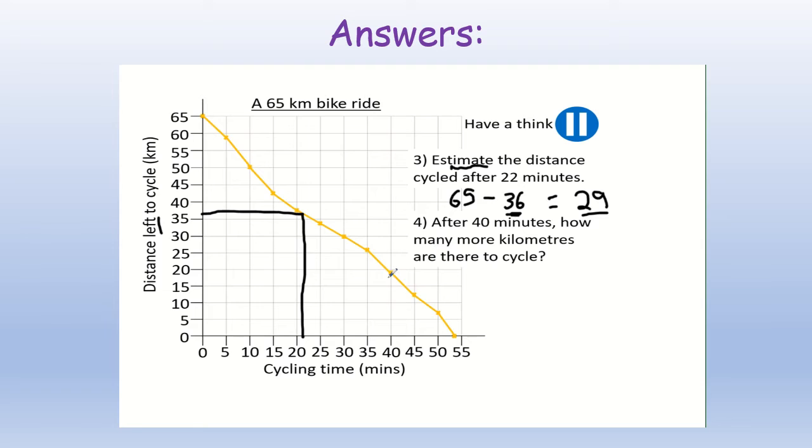Question 4, after 40 minutes, so 40 minutes till we hit the plot, how many more kilometres are there? Now this one is easier because the question asks how many more, which is the distance left to cycle.